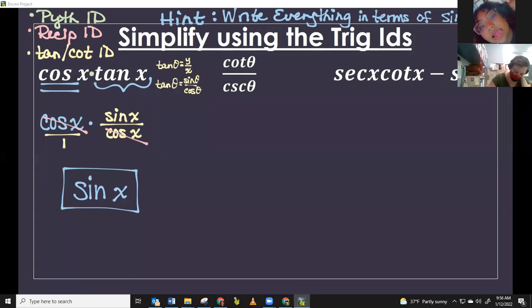So I want to look at the middle one here. How could I rewrite cotangent in terms of sine and cosine?